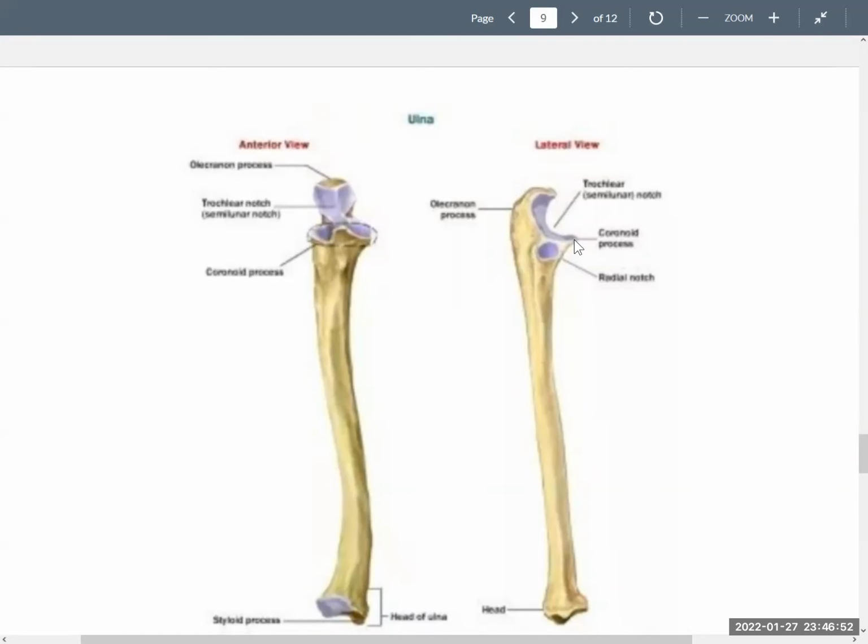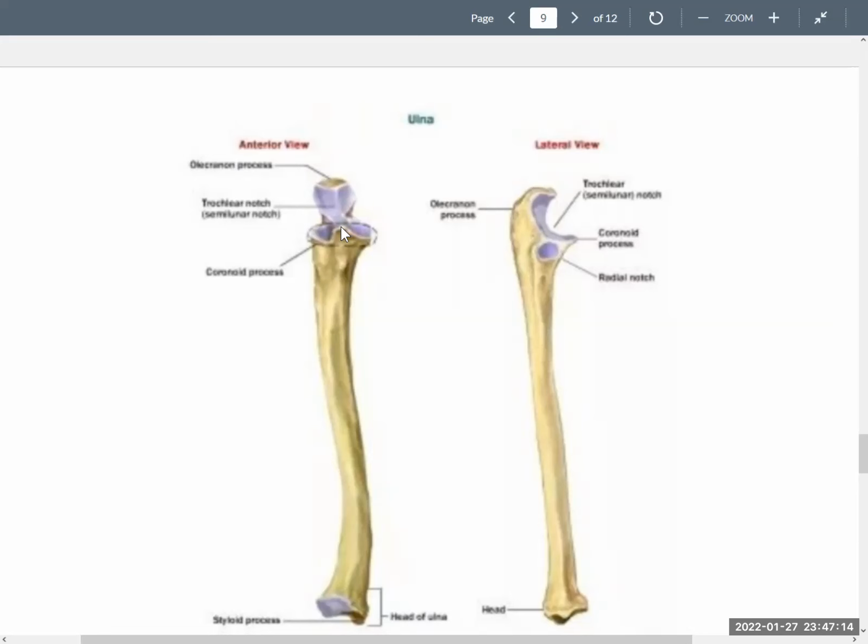The jumping off point, that's the coronoid process. Here it is over here. When you're looking at an x-ray of the elbow, it can be quite confusing until you find the coronoid process, and then everything falls into place.